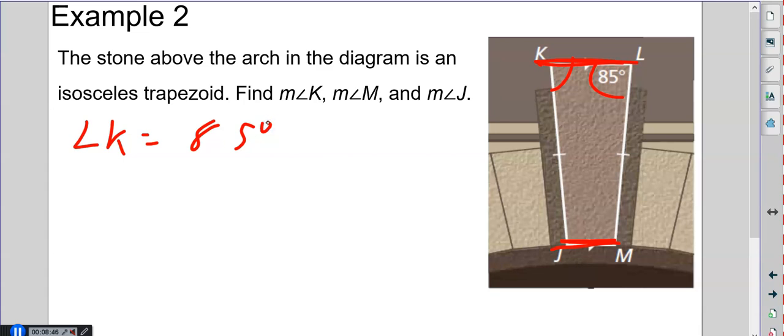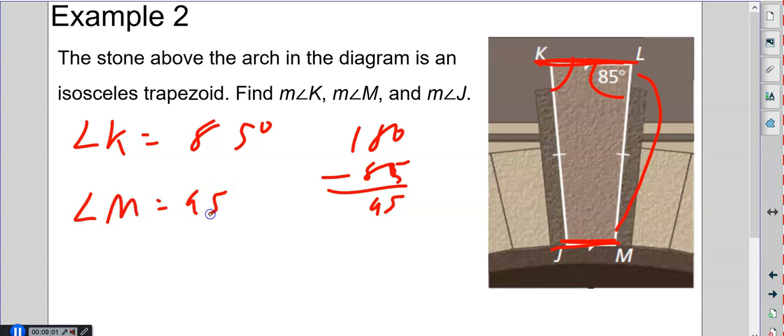Now, remember, consecutive angles are supplementary, so 180 minus 85 is 95. So that means angle M is 95, and base angles are congruent, so angle J is also 95 degrees.